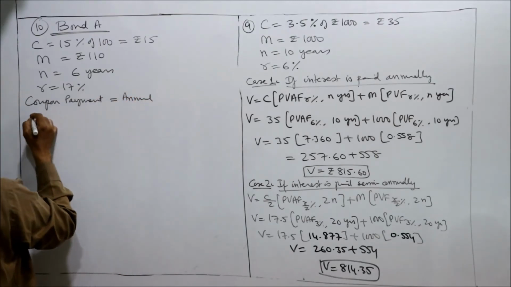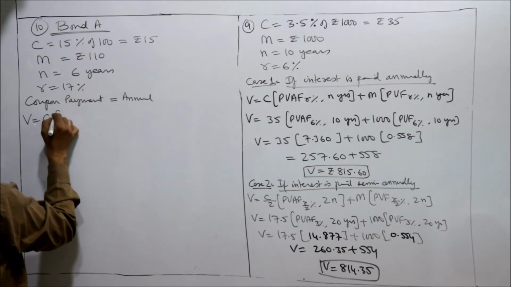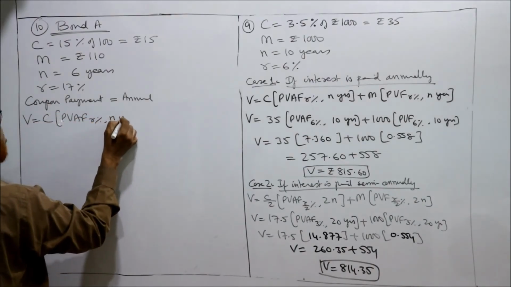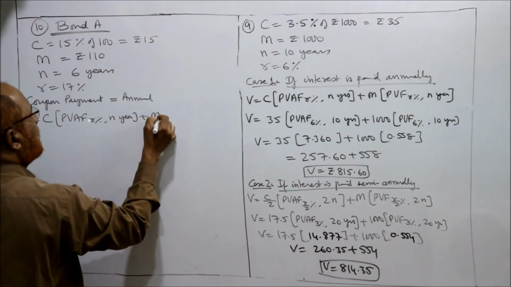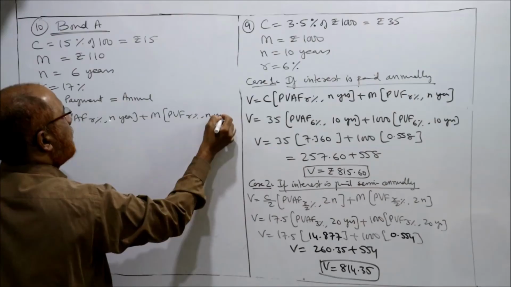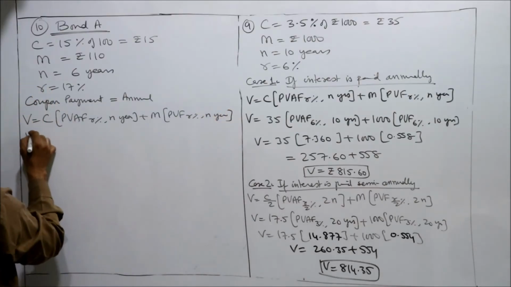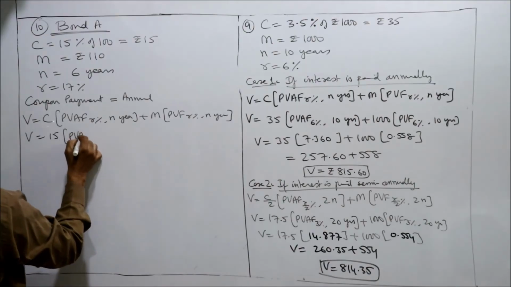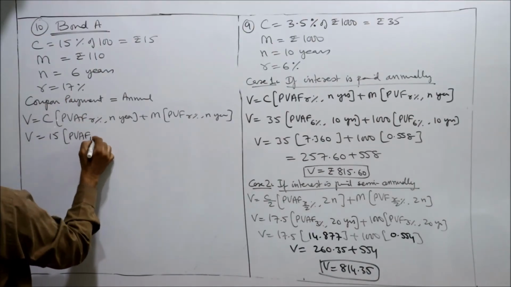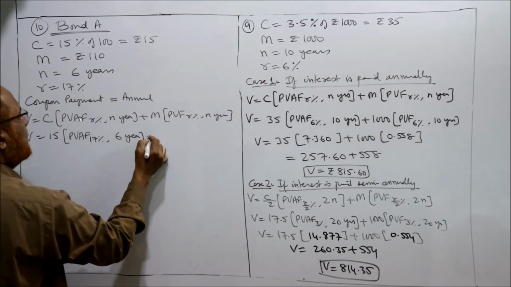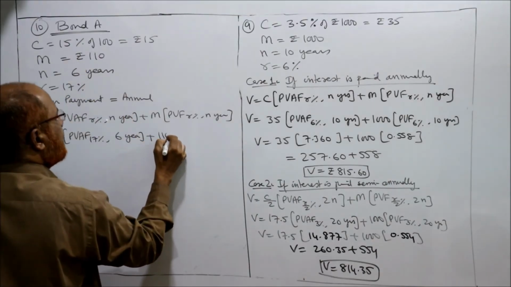Coupon payment annual. So V is equal to C into PVAF, C coupon is 15 rupees, R 17%, N 6 years, maturity value 110.